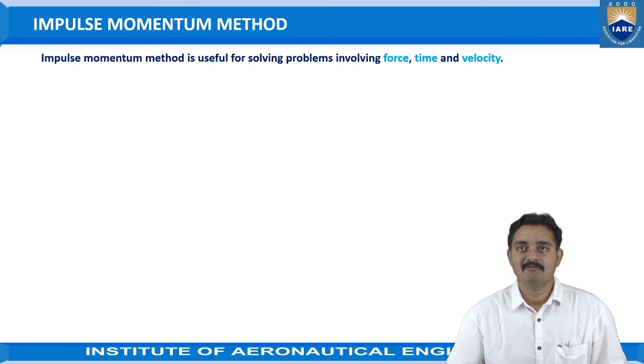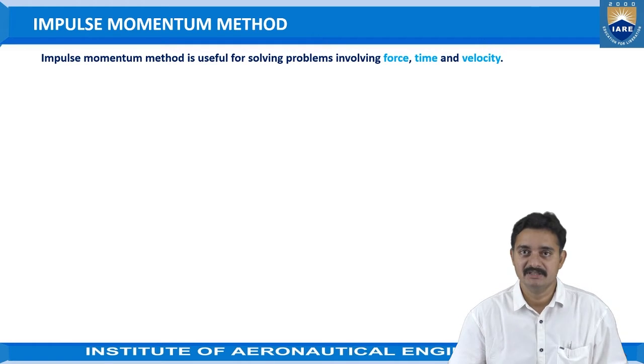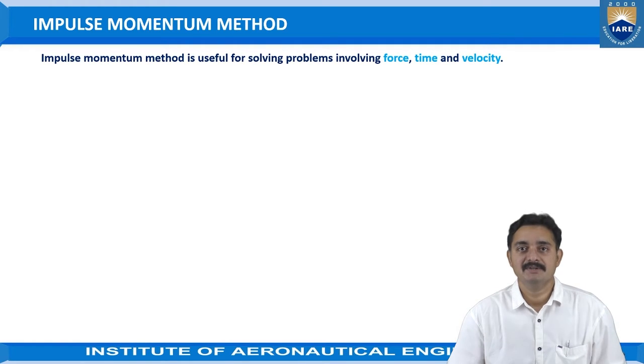First, let us understand what the impulse means. Impulse momentum method is useful for solving problems involving force, time and velocity. As we have seen in the previous case of the work energy method, where the problems involve forces and distances, and the moments or velocities are given, then we identify the work energy method for solving the problems.